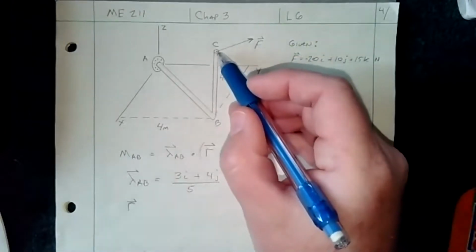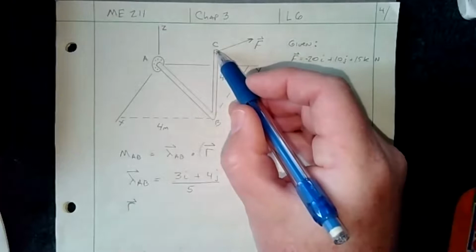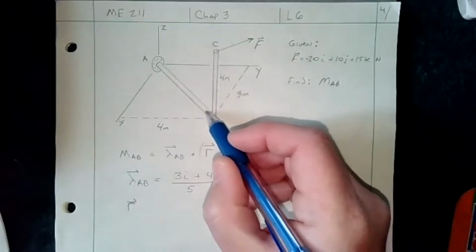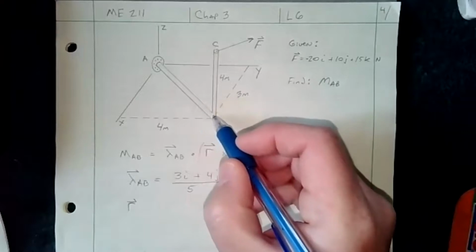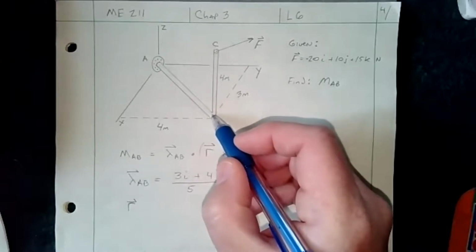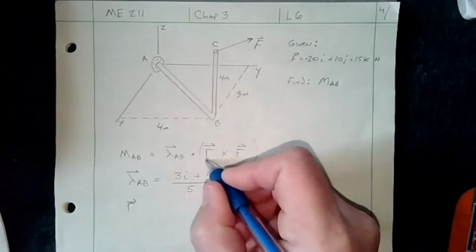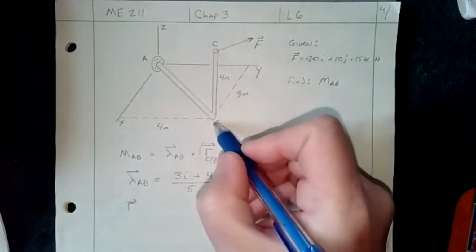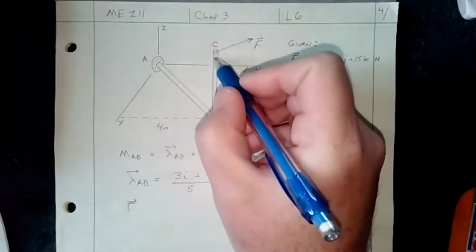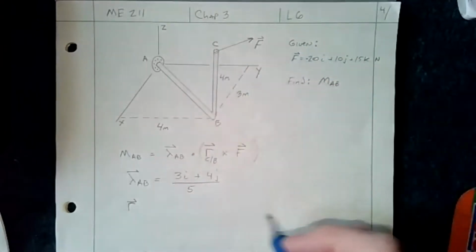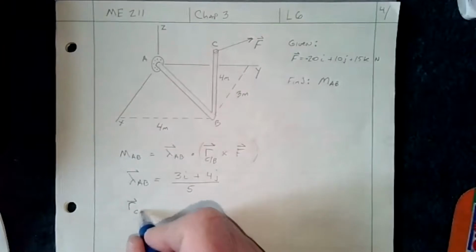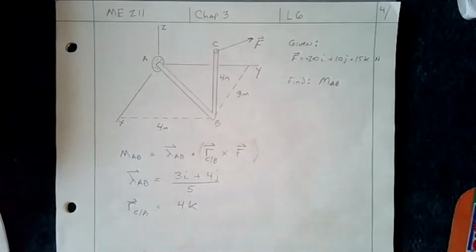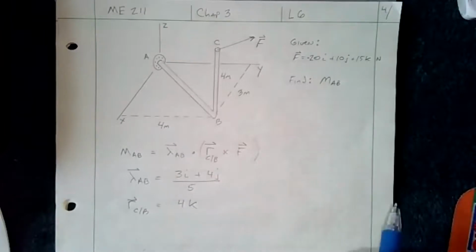Now we know that the force is in contact at point C, and we know that point B is on this line. So why not just make this C relative to B, right? Now we write C relative to B means we're going to go from B up to C. So if that's the case, then R C relative to B just equals 4K, right? 4 in the K direction, and that's all.